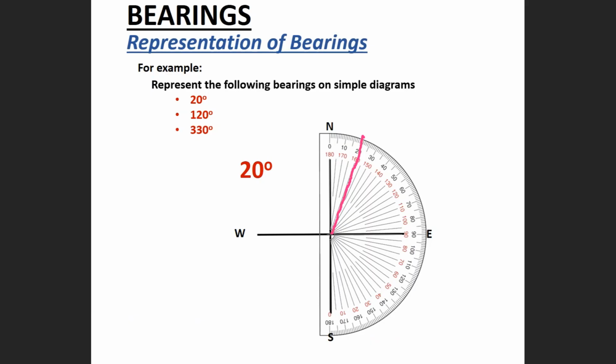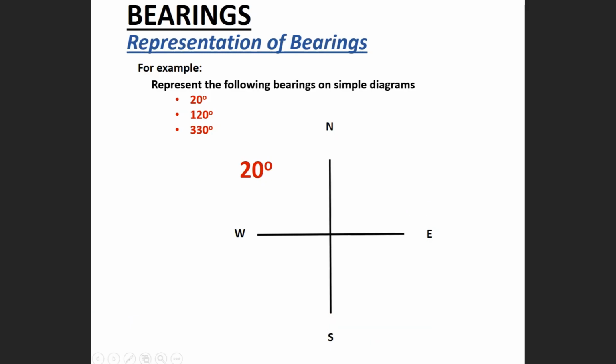Because this is a digital representation, it might look a little bit different, but it's the same process. Just make sure you pinpoint the 20 degree, then you let go.